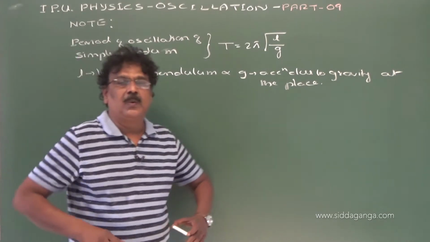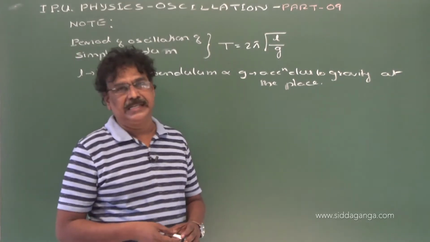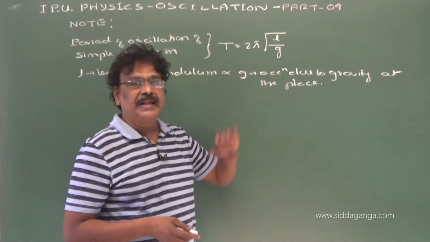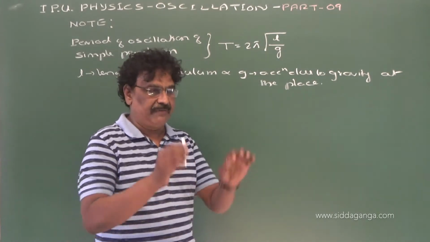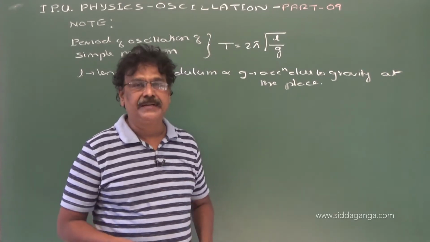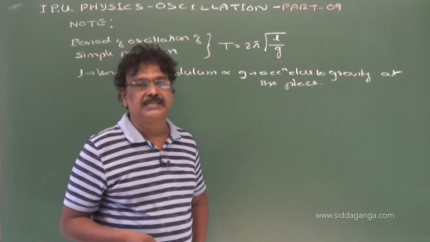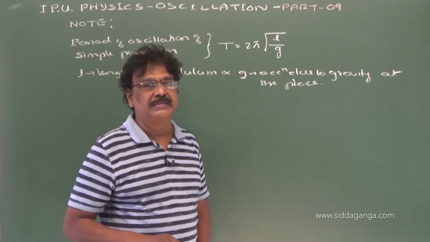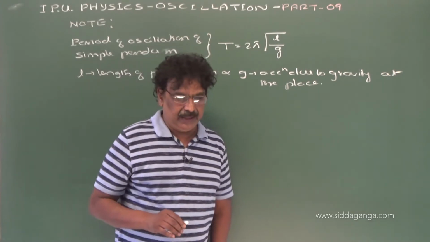Here one important thing is, for a given simple pendulum, when we suspend a bob from a point through an inextensible string, length remains the same, right?